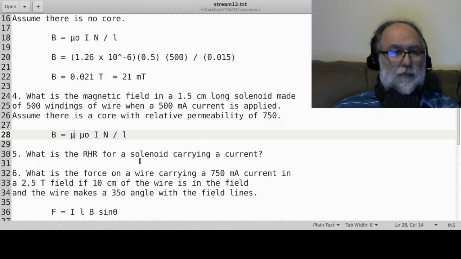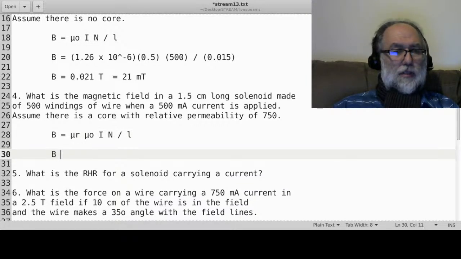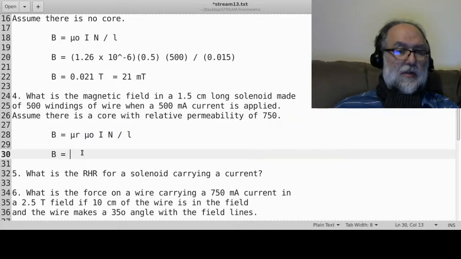I think in the lecture, I called it mu R for relative. Okay, but there's nothing much to calculate in our case, because we already calculated this piece. That's the 21 milliteslas, and this is 750 there, so we're going to have 750.